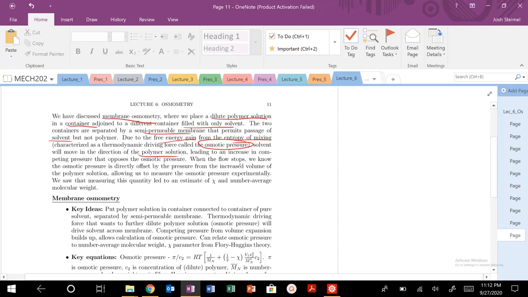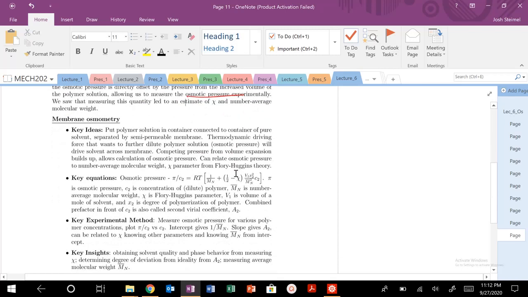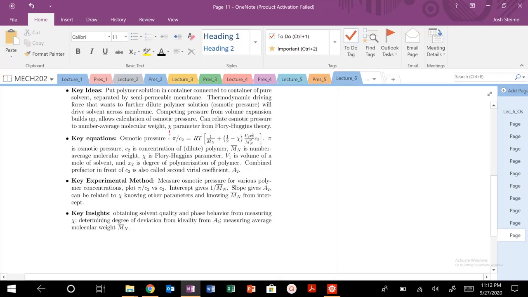Once we're at equilibrium, we can measure osmotic pressure experimentally, and we have this critical expression that we will deal with. From one series of measurements of osmotic pressure normalized by concentration as a function of concentration, we can get the y-intercept, which gives our number average molecular weight, and our chi parameter as well.